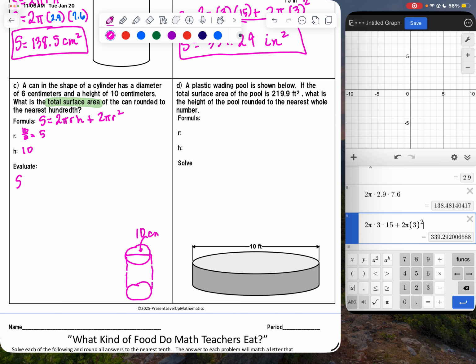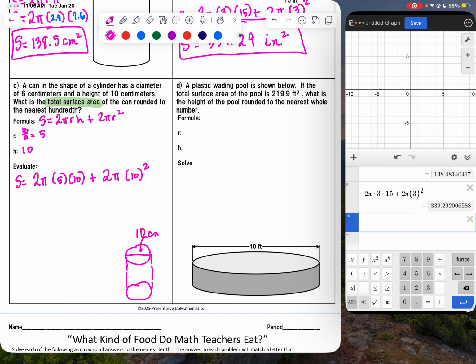So if I want to evaluate this formula, we'll say 2 pi times 5 times 10 plus 2 pi times 10 squared. And again, because they want us to express this in decimal form, I can type this entire expression straight into my calculator. 2 pi times 5 times 10 plus 2 pi times 10 squared.